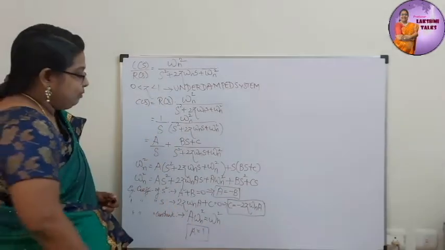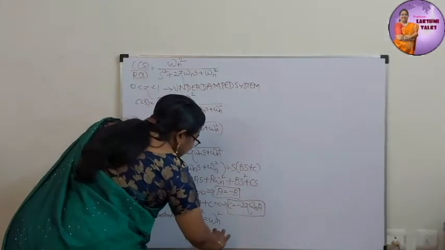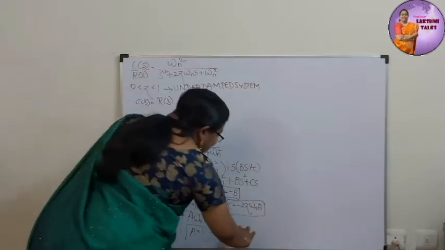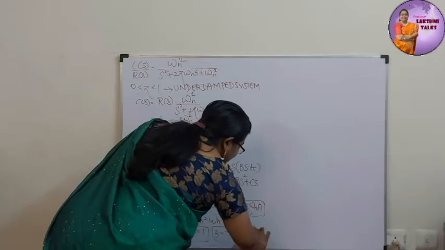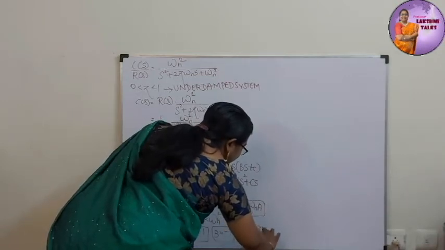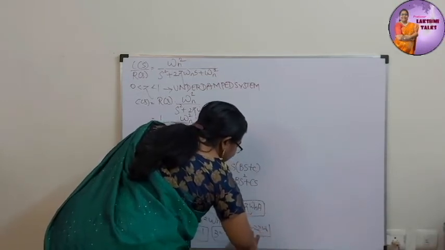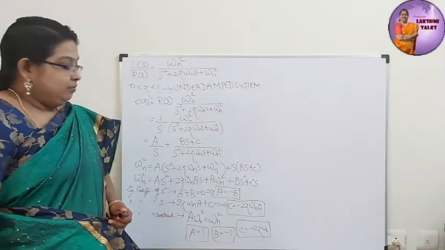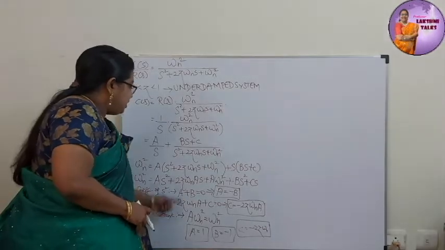So when A is equal to 1, we know that B is equal to minus 1. And what about C? C is equal to minus 2 zeta omega n. We need to substitute all these in this expression.